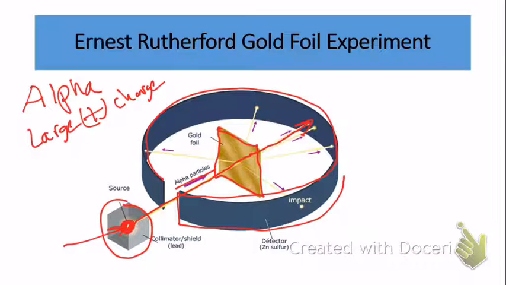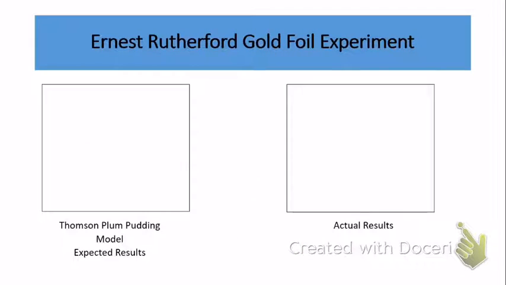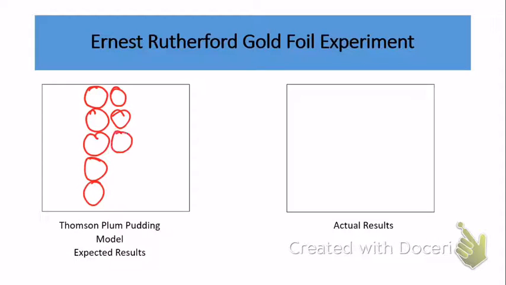Right? Now, what Rutherford believed would happen is this. If the plum pudding model was correct, we're going to make atoms that are spherical that represent the atoms in that gold foil. Now, if electrons were distributed randomly, we'll just put electrons being distributed randomly in these.